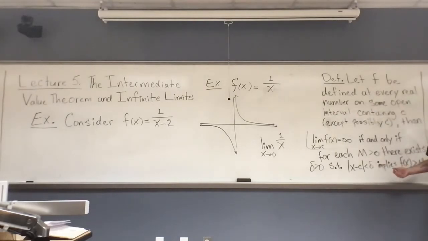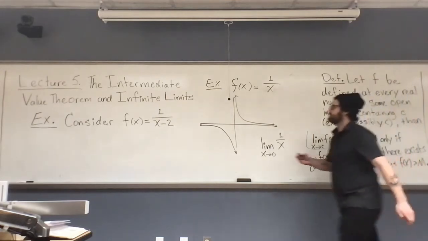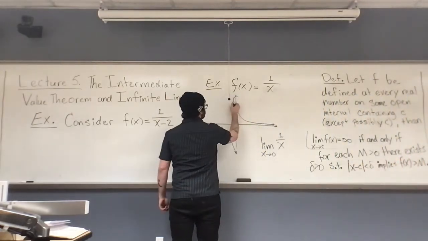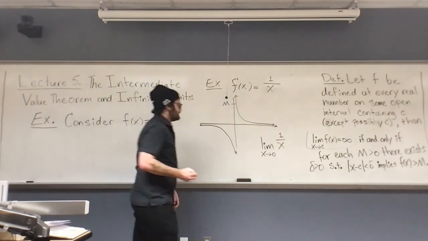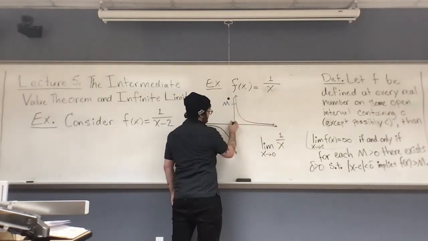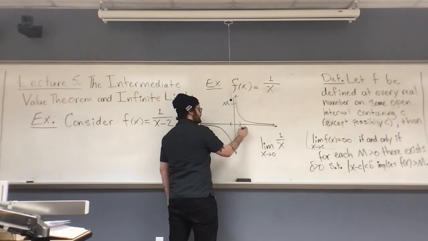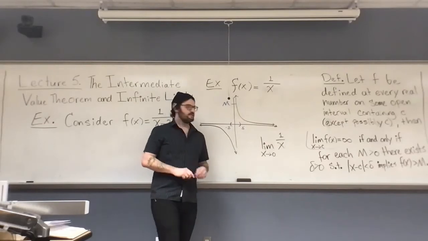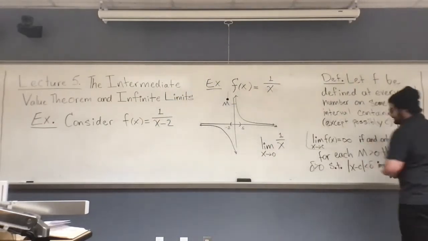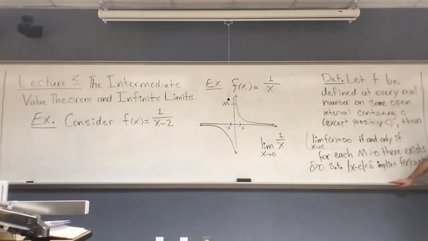Well, let's assume, so pick some positive number, maybe like m right there, right? And then, so on the right-hand side, this is like 0 plus delta, 0 minus delta, right? There's a detail here that we have to be very careful of. This must imply that for any x in that interval, any x within distance delta to c, right?